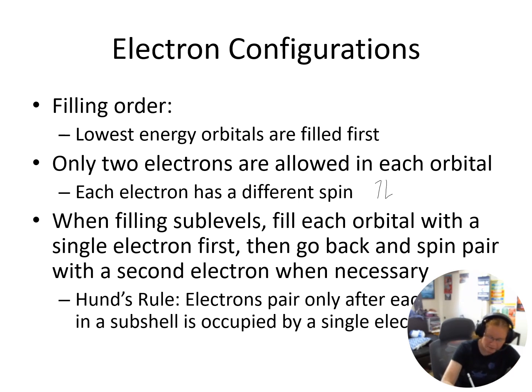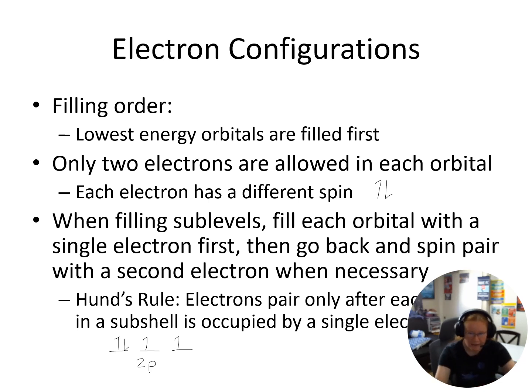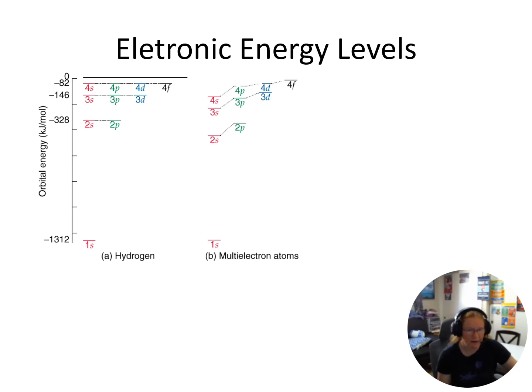So if I've got, let's say, my 2p orbitals, and I have 4 electrons in 2p, I would do 1, 2, 3, and then I would go back and spin pair for the 4th. Okay. When I look at my orbitals here, I've got hydrogen, and then I've got multi-electron atoms.